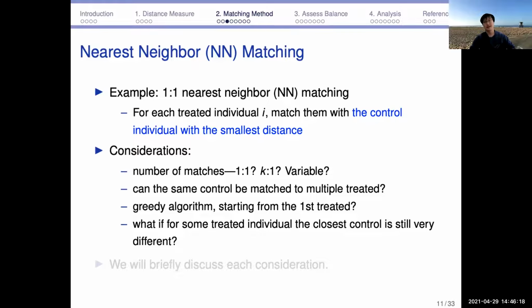So suppose age is an important factor in this particular example, then there isn't really a very good match for this 18-year-old male. So in this case, do we want to find a match no matter what? Or do we do something else? We'll briefly discuss each of these considerations.